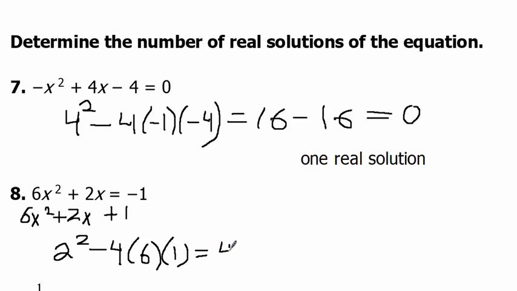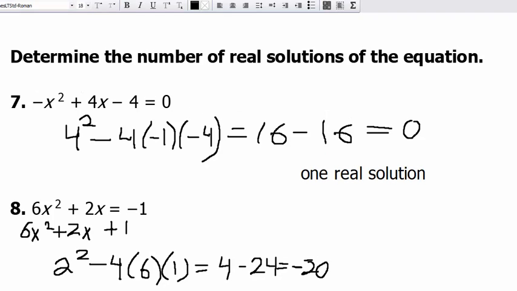This is 4 minus 24, which is negative 20. Which tells me how many solutions? No real solutions.